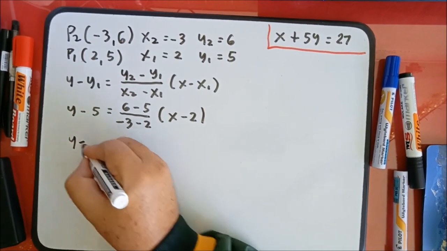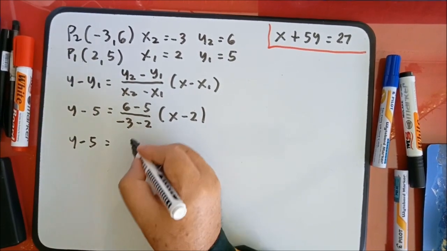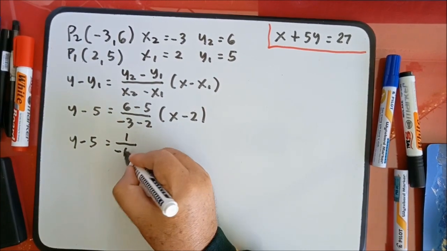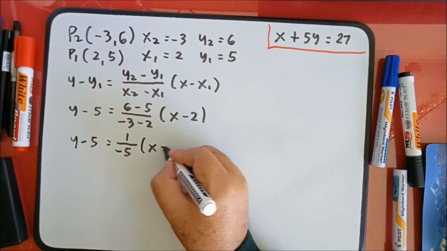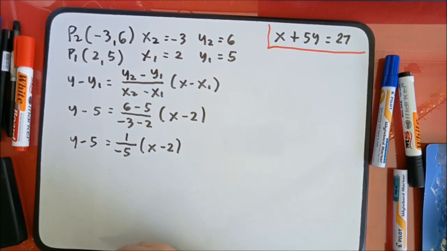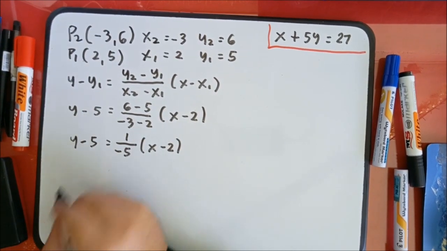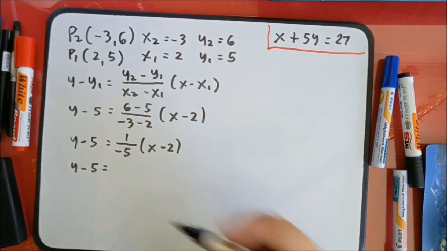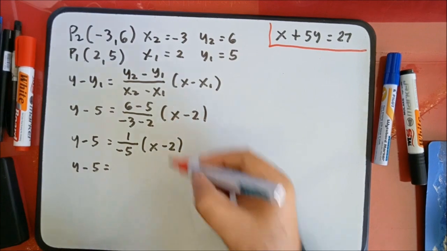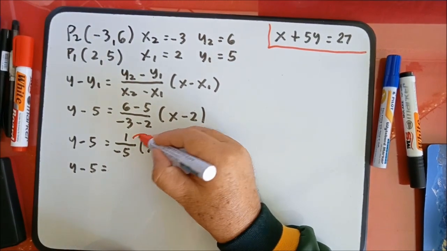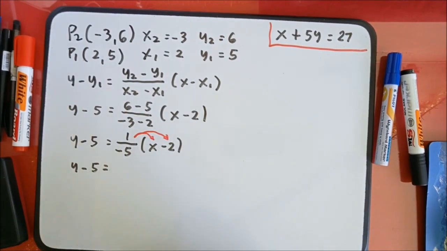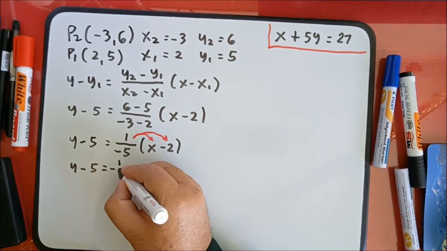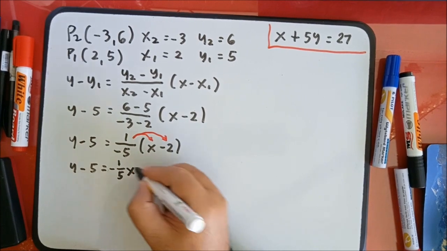Simplify. Y minus 5. 6 minus 5 is 1. Negative 3 and negative 2 will become negative 5. X minus 2. Okay. Simplify again. This will become y minus 5. Okay, distribute. This will become what? Negative 1/5 x.